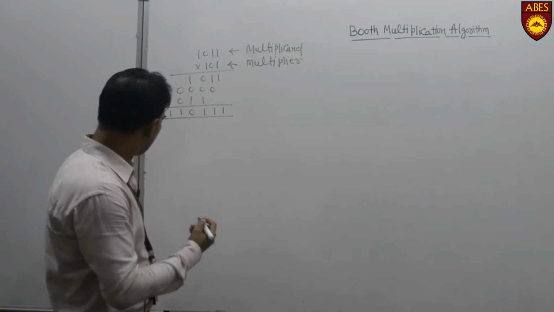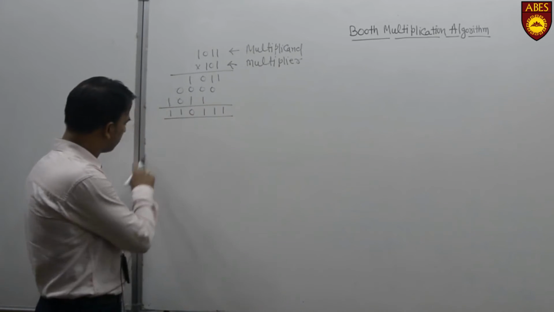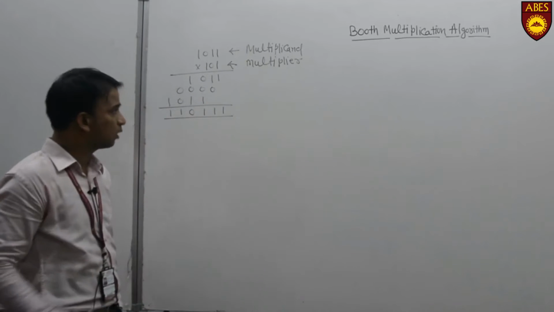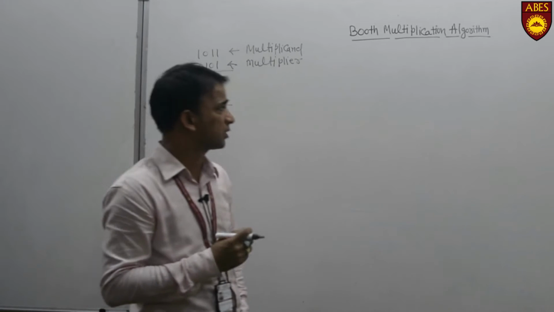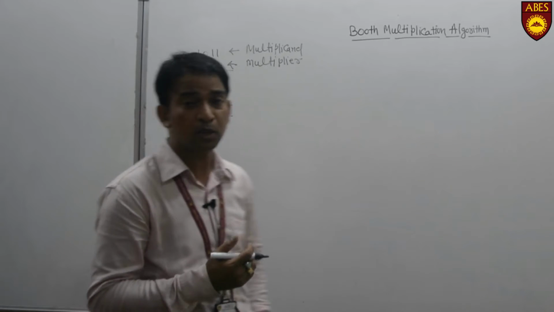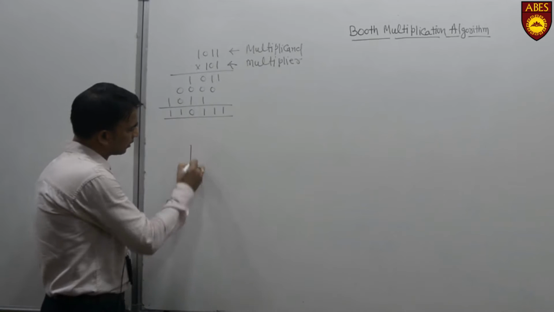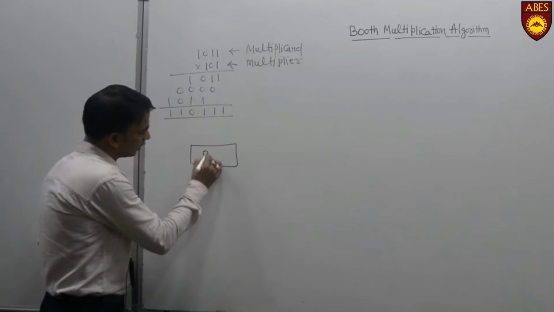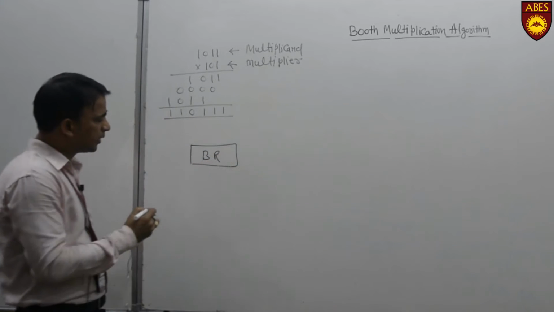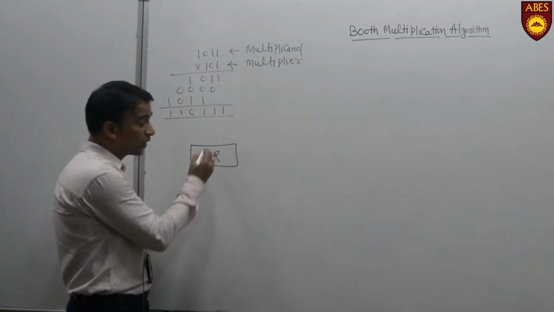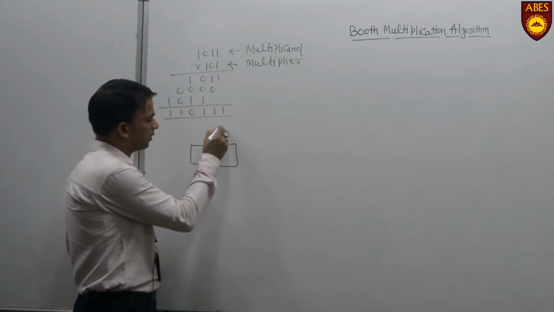There are many registers for implementing the Booth multiplication algorithm, some sequential circuits and some combinational logic circuits. Now we can take the BR register. BR register basically holds the value of the multiplicand.